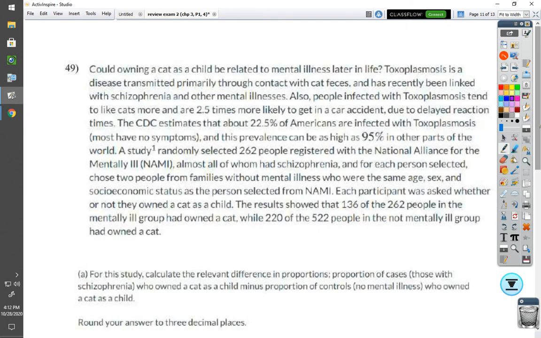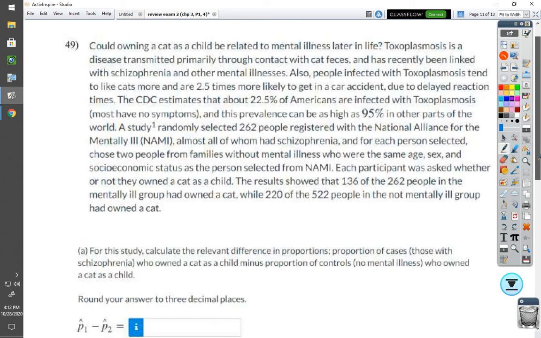Question number 49, I believe. This is the cat one. I think we go over this one in class, actually, and it talks about the percentile of calculations happening. So it said, could owning a cat as a child relate to mental illness? So we did this actually in class. So there are two things going on here.